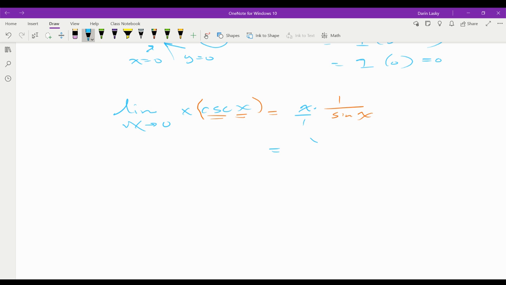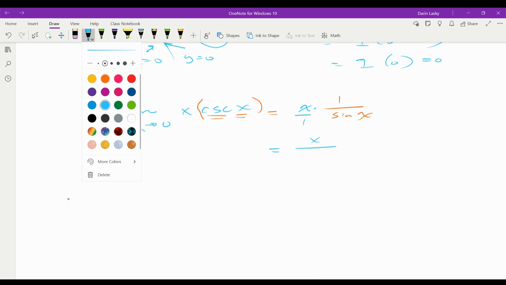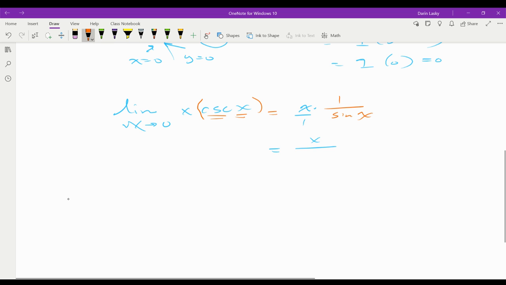So I get x over the sine of x, because I'm going to multiply the numerators and the denominators. So that is equal to 1, because this is our identity as this approaches 0. This is our first one of the identities we have. So hang in there. We'll tackle some of these things tomorrow.